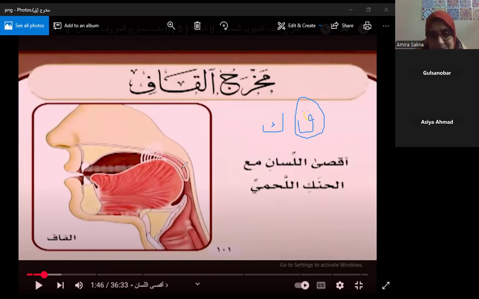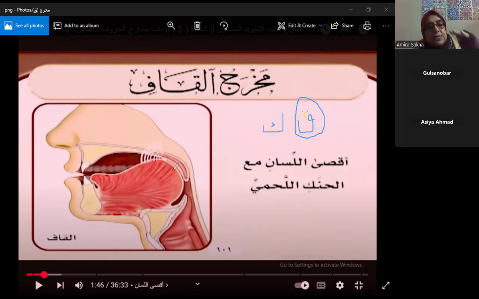What happened after this? Second step, the two articulators will leave each other with a degree of force. Again, the two articulators, which are the back of the tongue and the soft palate.